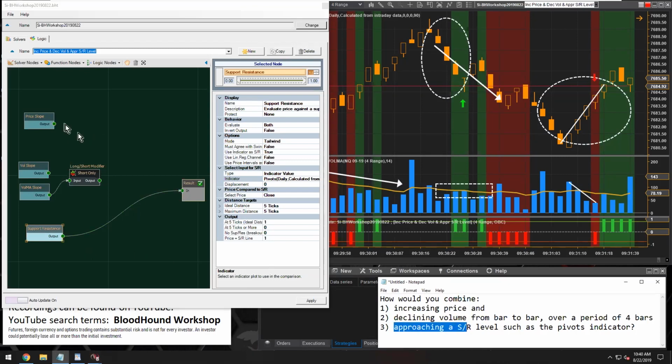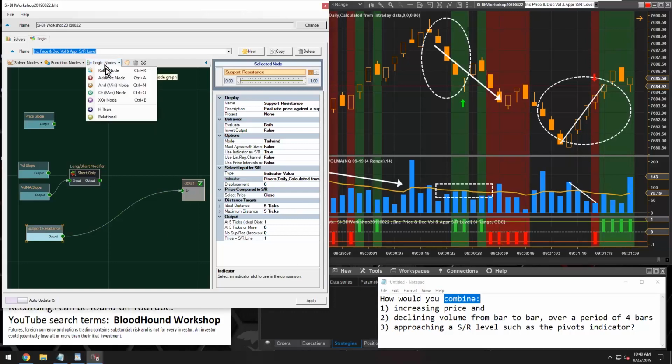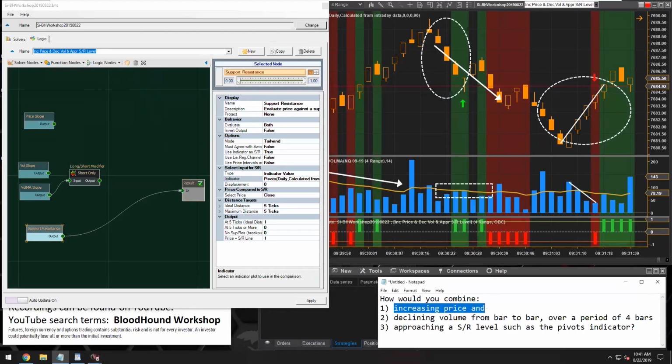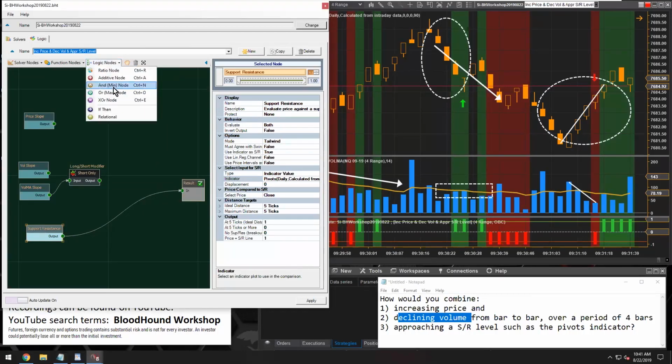And let's see. So now we just need to connect them all together. So here's kind of the key of this: how would you combine these all together? And that is the job of the logic nodes here. So in most cases, since you need all of your rules or all of your conditions to occur together, that is the job of the AND node.